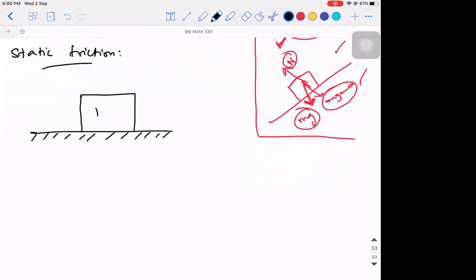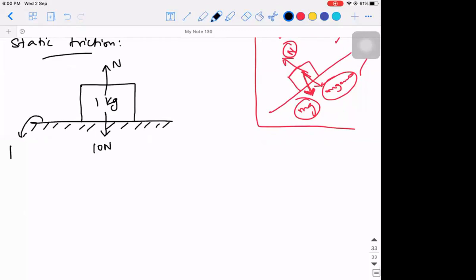Let's say I have a block of mass 1 kilogram, kept on a floor. The weight of the object will be 10 Newton, and the normal force in this case is also 10 Newton only, because in the vertical direction it is in equilibrium. Let's say this floor has a coefficient of friction 0.5.